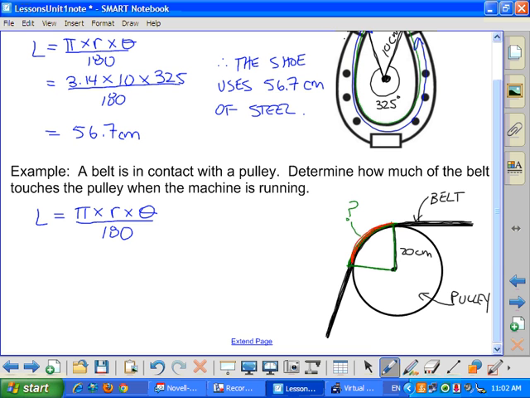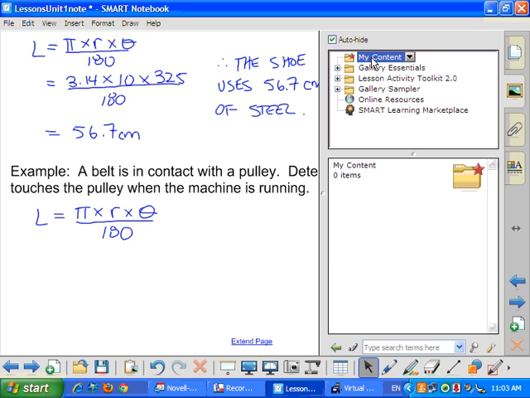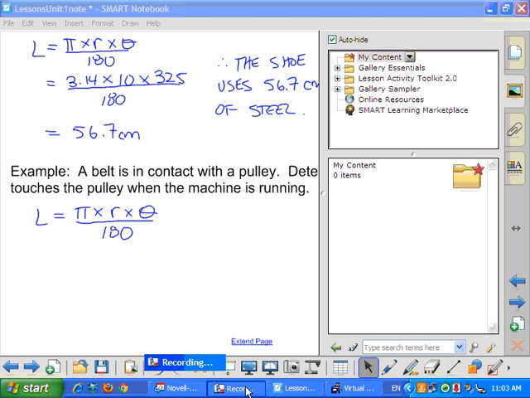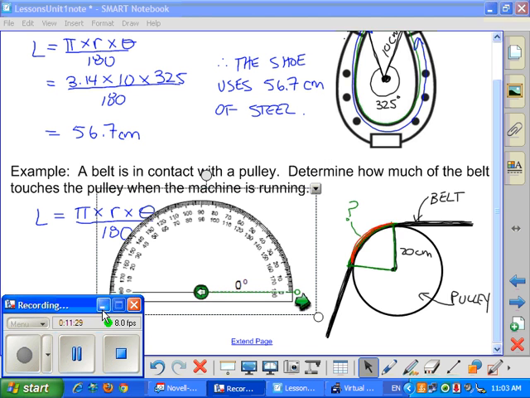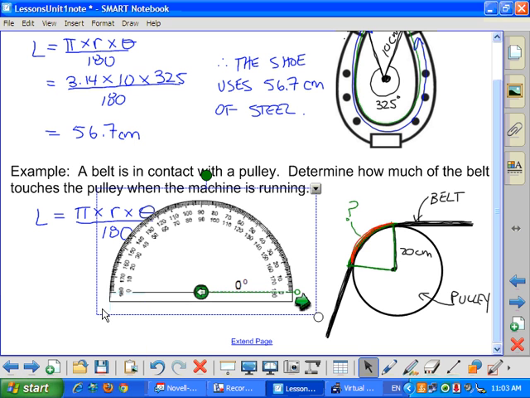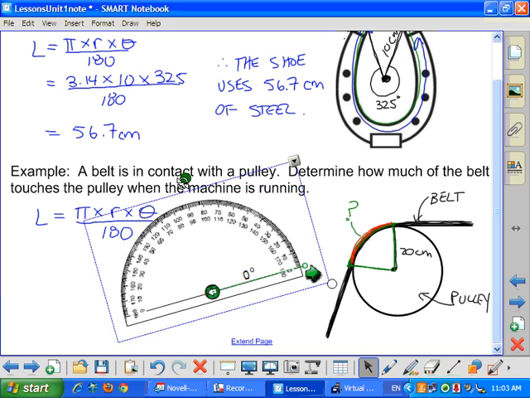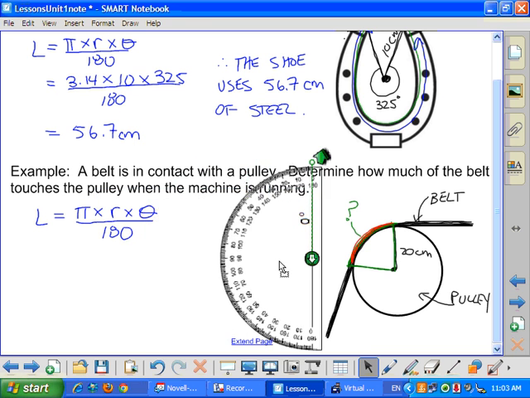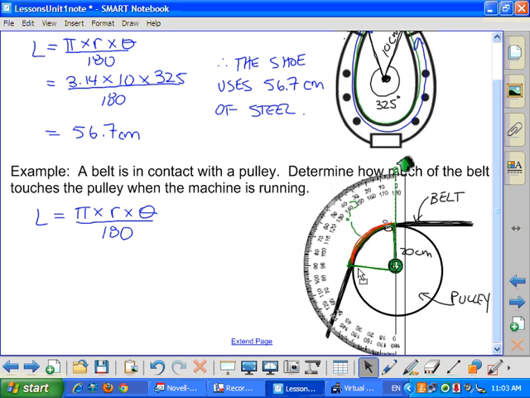And of course, I have to give you the central angle. If I did not give you the angle on a test, you would use a protractor here. So I'm going to use a protractor in this case. I'm just going to pause, and I'm going to get a protractor to show you. All right, you'd be happy to know I found a protractor. So now I'm going to measure the angle here.